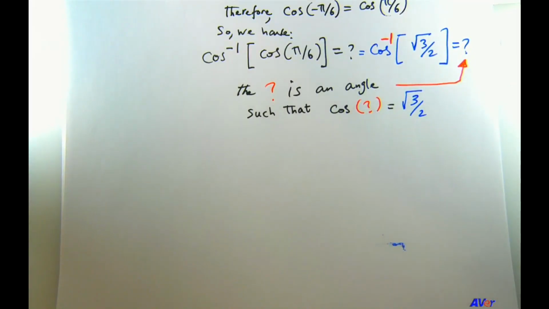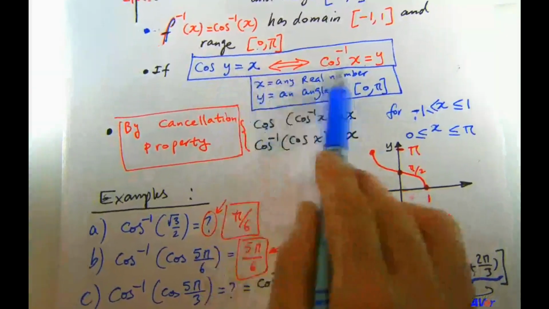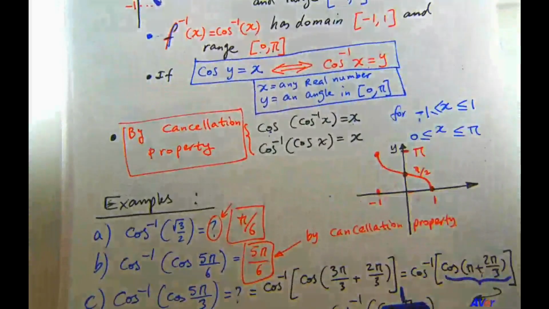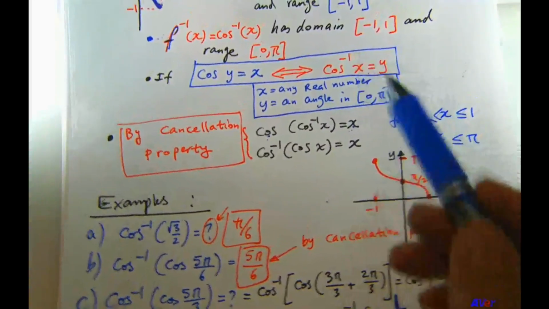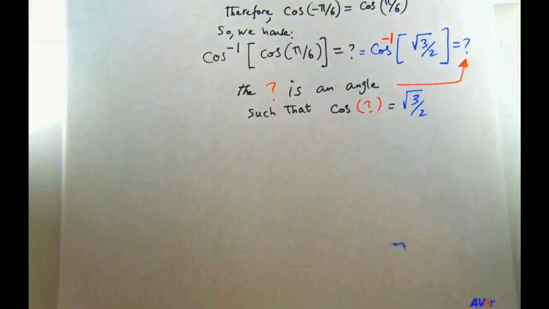This is why when we were doing this, I emphasized that you should remember this. This is very, very important, and I even boxed it. So when you go through these notes, please pay special attention to anything that is boxed, because these are things that we use again and again.